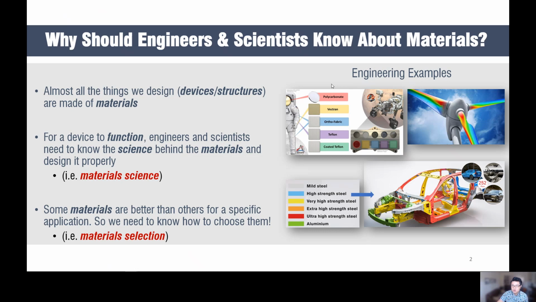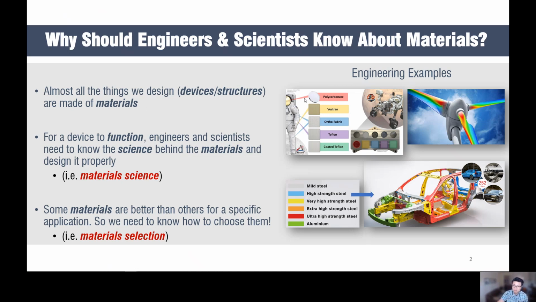For example, let's say you are an engineer or scientist working for NASA, and you are creating the next coolest spacesuit. You need to understand the property and the function of this spacesuit, and you need to understand that each of the components serves a different function. And that's the reason why the spacesuit is not made out of one single material. They all need to serve different types of purposes.